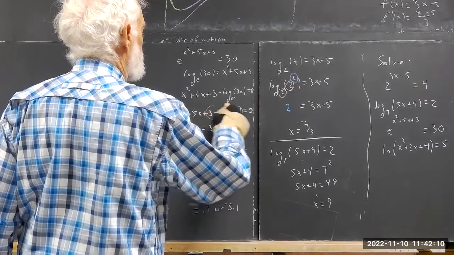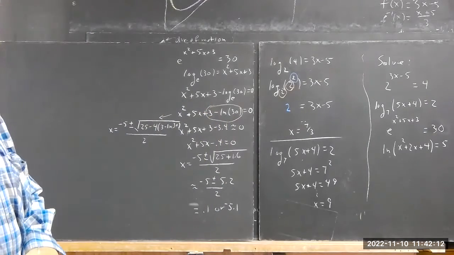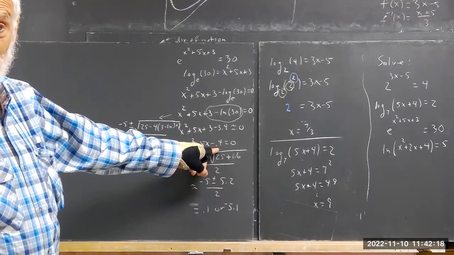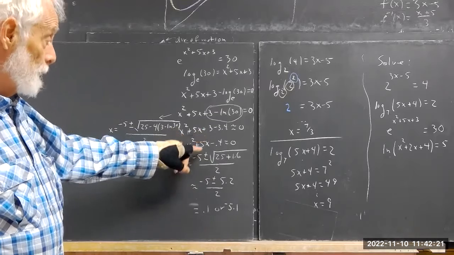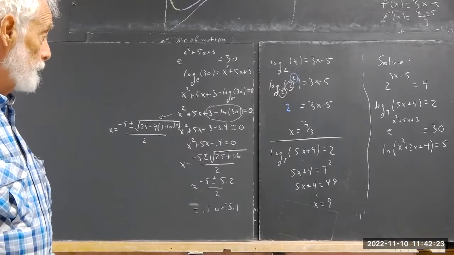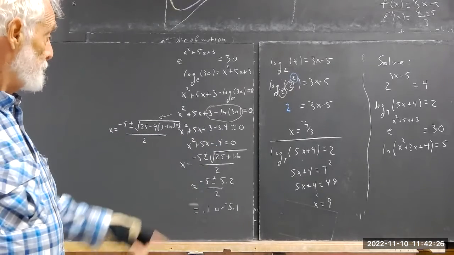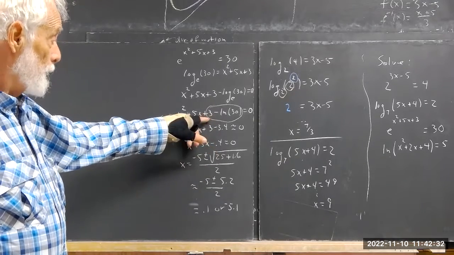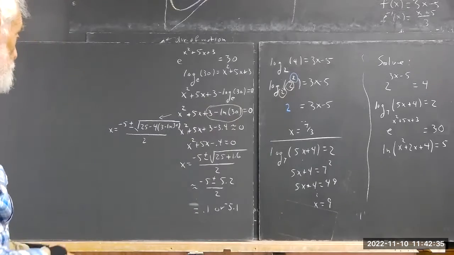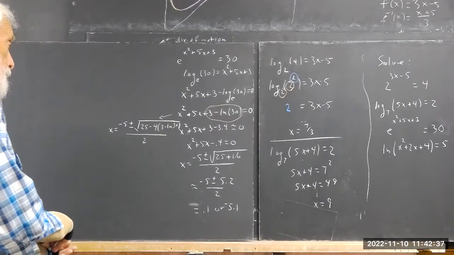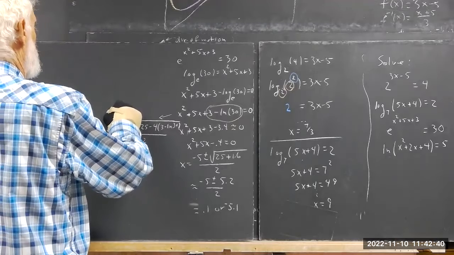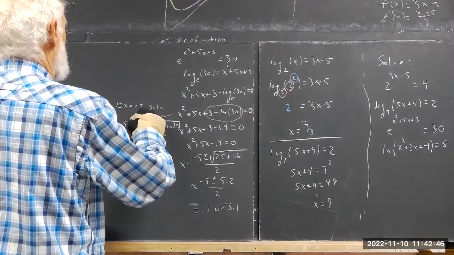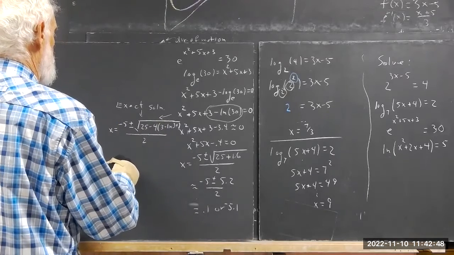Because c now is 3 minus the natural log of 30. It approximates -0.4, and that's clearly c, right? In ax squared plus bx plus c, c is then -0.4. And that's not a bad approximation. If we want it more accurate, we keep it exact. This is your exact solution, assuming I've done everything else right.